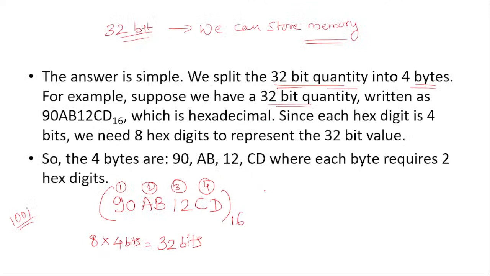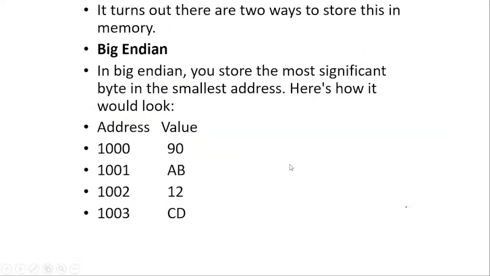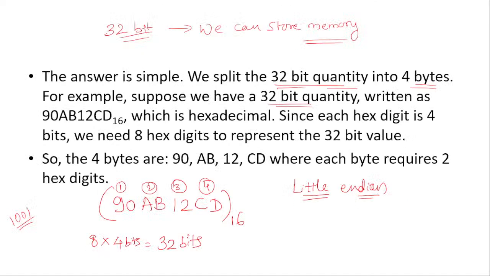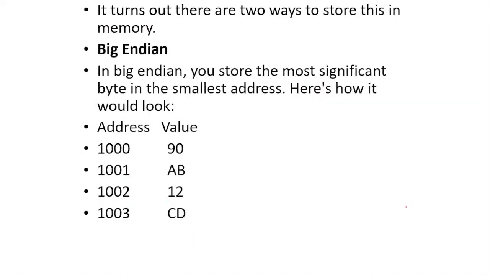Little endian and big endian are formats for how we store data in memory. First we'll go with big endian, then little endian. Big endian means you store the most significant byte in the smallest address.